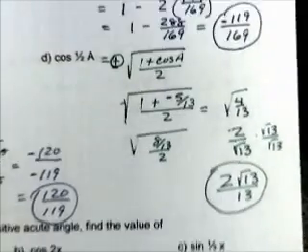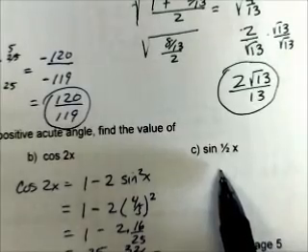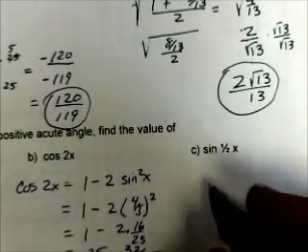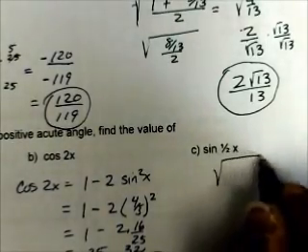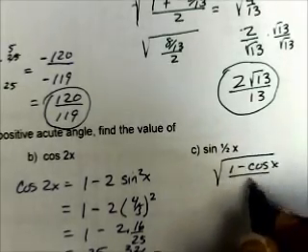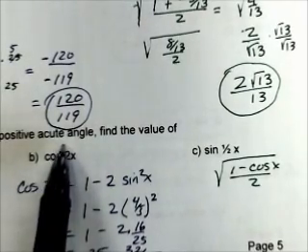Next, right below that is C here, sine of a half x. And look up at the top, sine of a half of angle A is equivalent to plus or minus the square root of 1 minus the cosine of x divided by 2. And the measure of our angle was a positive acute angle.